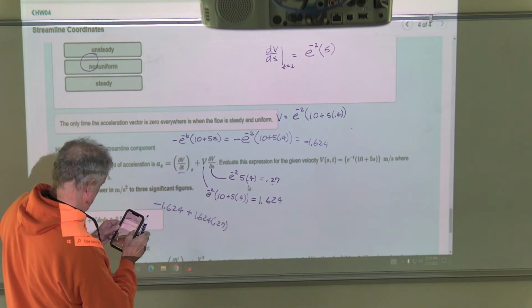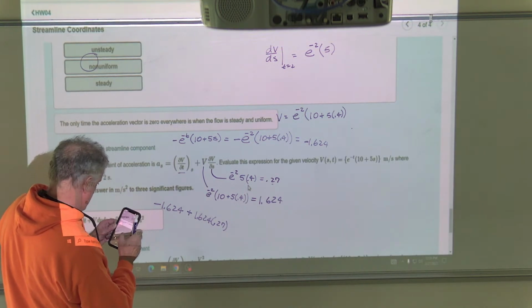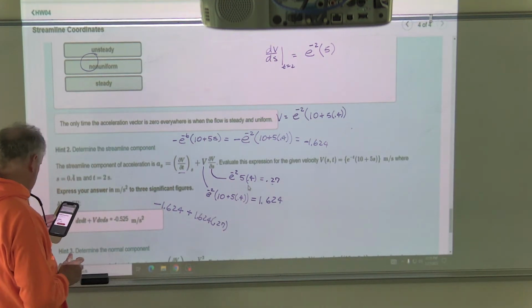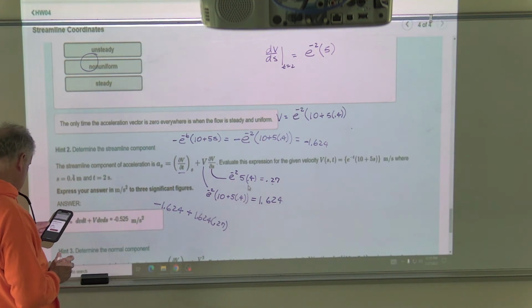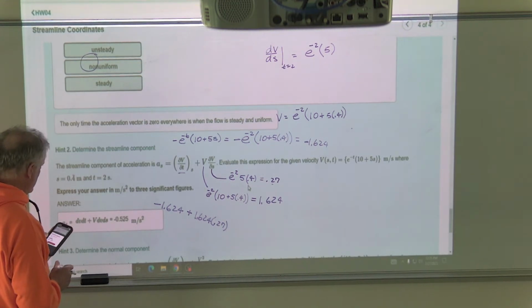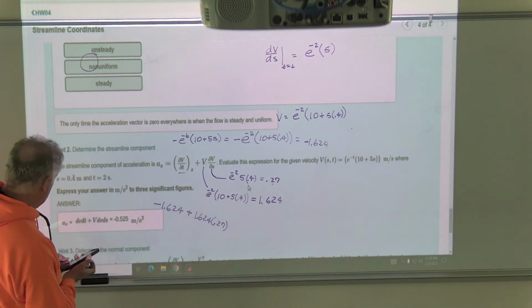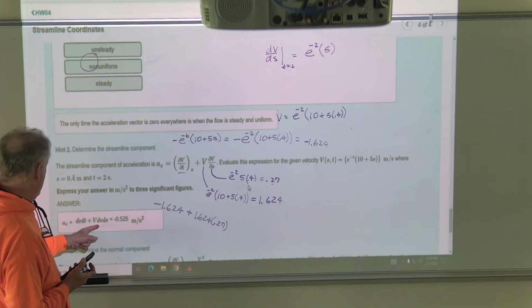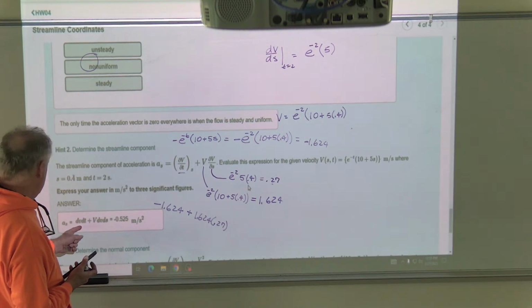Let's see. It may not read this correctly. I get slightly different. Get 1.1. So I must be monkeying up something I've done wrong. DVDS. Oh. I don't know why we do it this way.